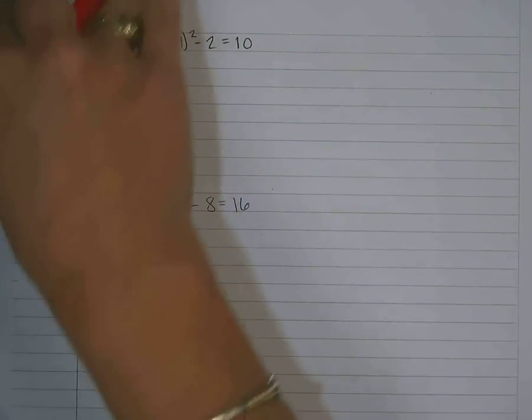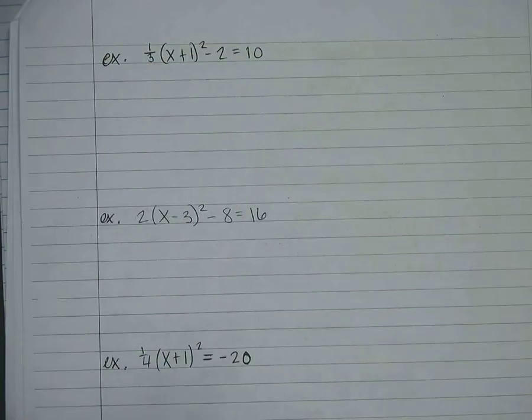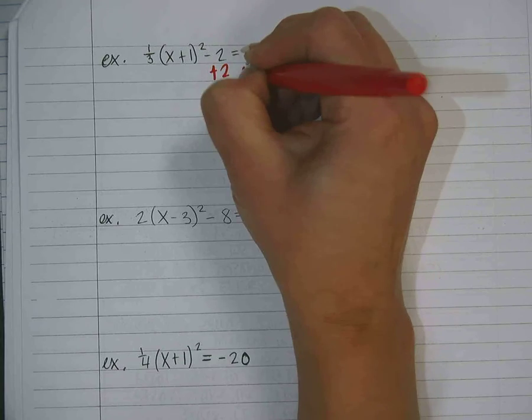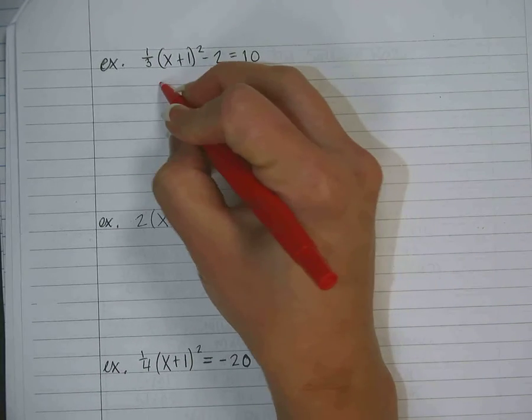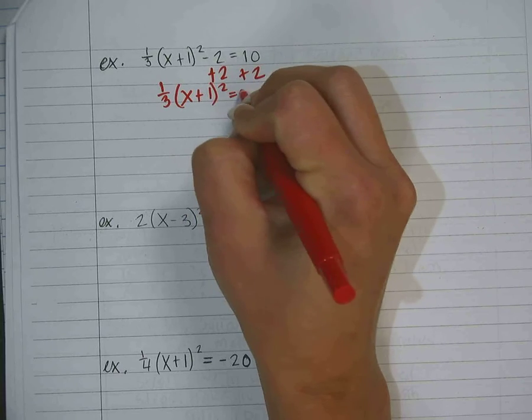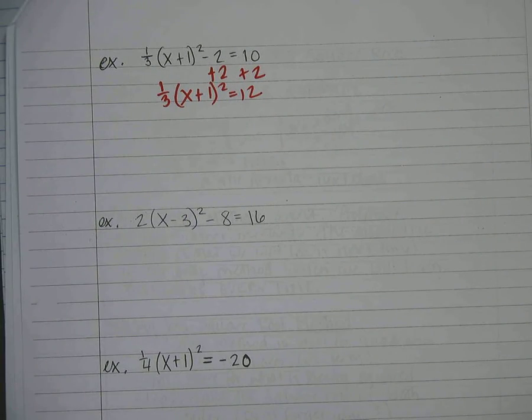What do I need to do before I do my fraction? Think about it. I'm going to add 2. Now I need to get rid of my fraction. So how do I do that?